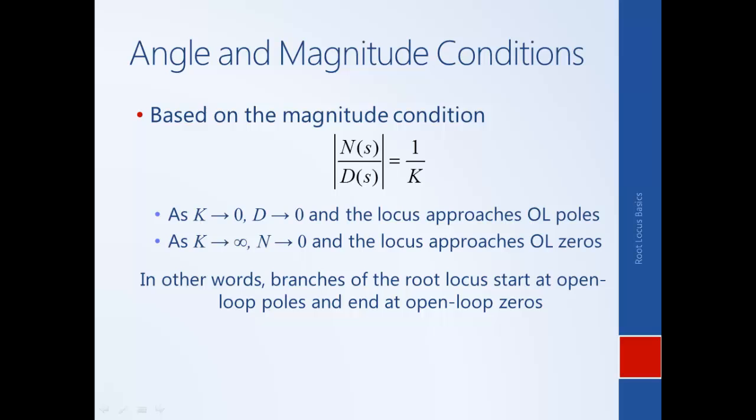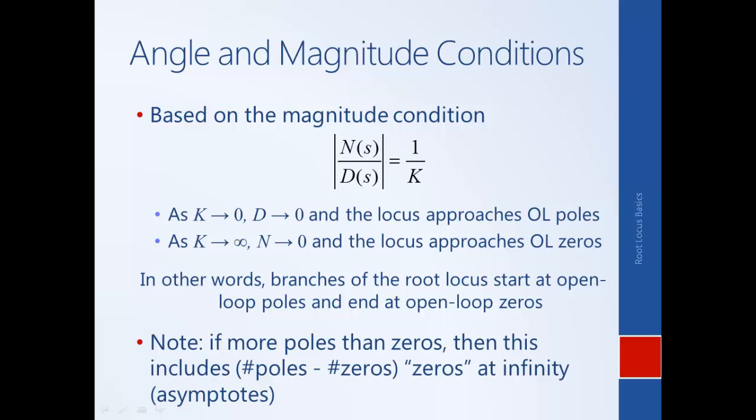So stated in words, branches of the root locus start at open loop poles and end at open loop zeros. Note, if we have more poles than zeros, then this includes some zeros at infinity, which are called asymptotes. And that can be thought of as, so as k goes to infinity, n goes to 0, and the locus approaches open loop zeros.